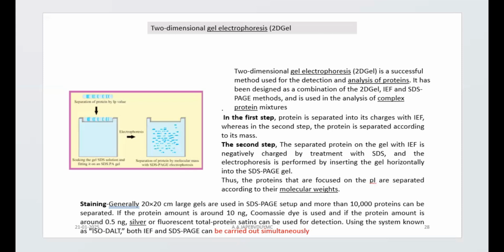As with the protein staining methods we have talked about in SDS-PAGE, here also Coomassie dye is used if the protein amount is sufficient, or else you can go with silver stain or fluorescent stains for efficient detection of the separated bands, right?